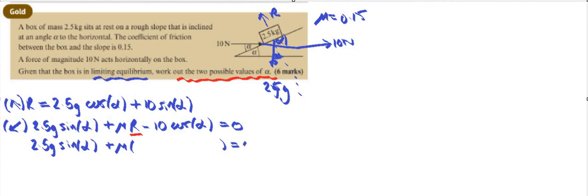So that's equal to 10 cos alpha. And now let's substitute in our R, which is 2.5g cos alpha plus 10 sine alpha.